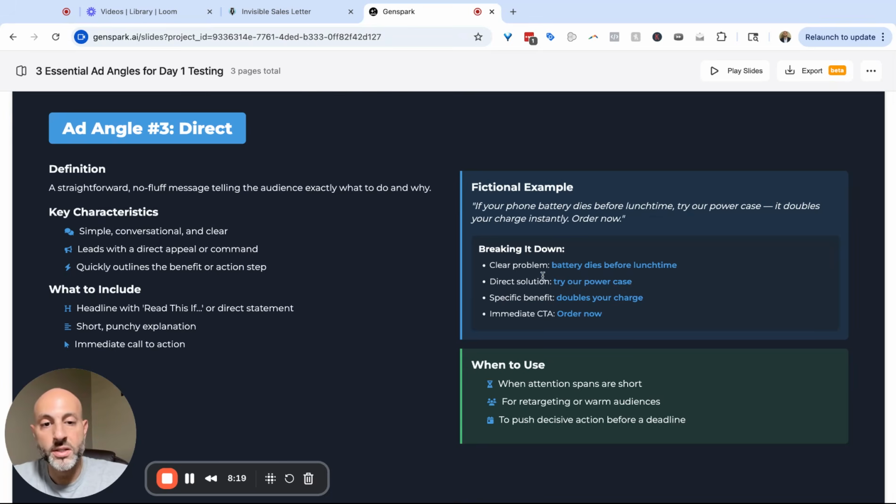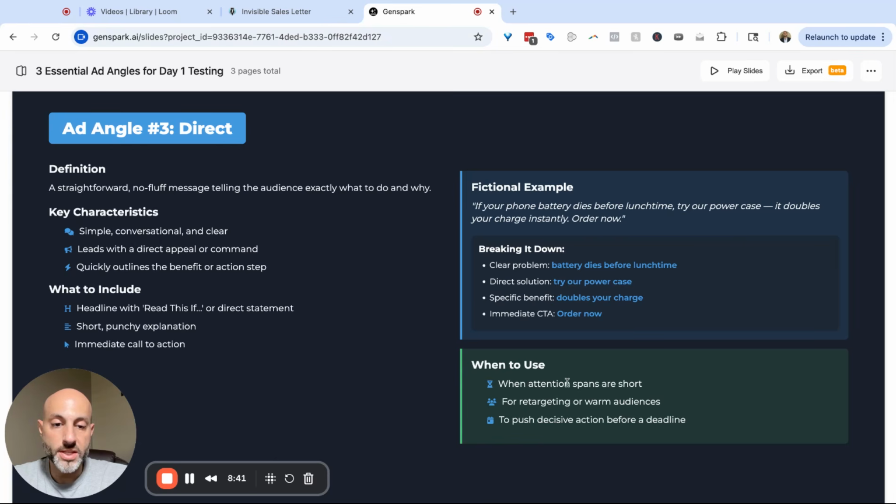Okay. Anyways, clear problem: battery dies before lunchtime. Direct solution: try our power case. Or the direct solution could just be try this unique strategy, or change these settings in your phone, whatever. The benefit: doubles your charge. Immediate CTA: order now, or read this.